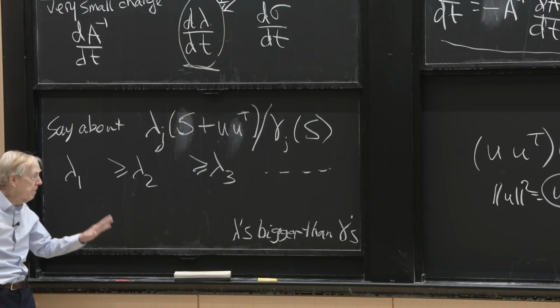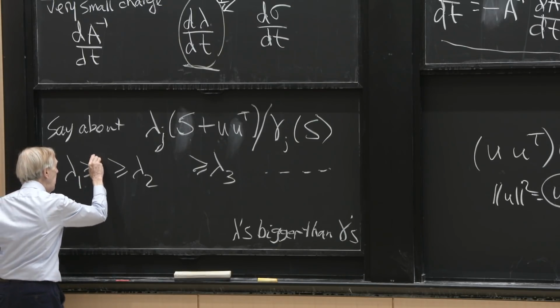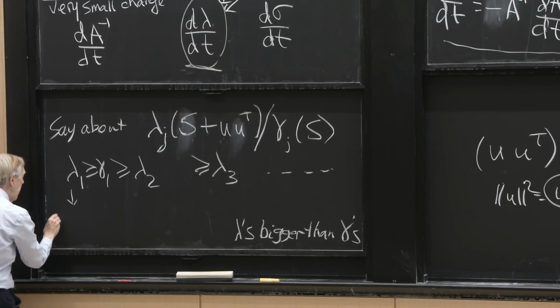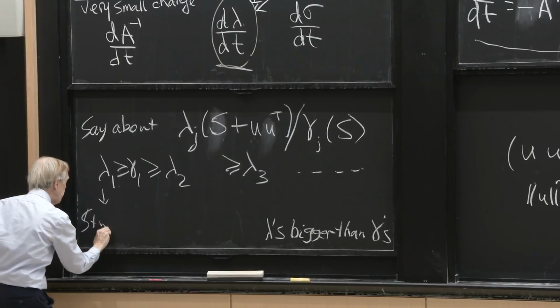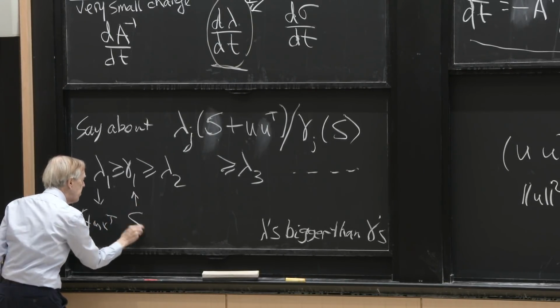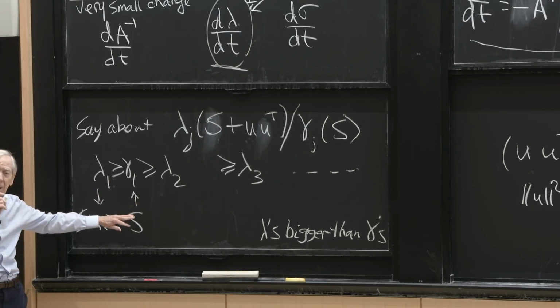So the lambdas are bigger than the gammas. So lambda 1 is bigger than gamma 1. So this is the S plus UU transpose matrix, and these are the eigenvalues of the S matrix. Lambda 1 is bigger than gamma 1, but look what's happening in this line of text here.